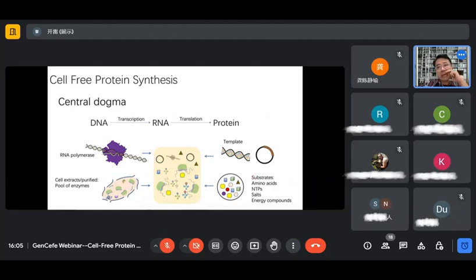Besides that, there is also a small-molecule part of substrates, including amino acids and nucleotides, and also buffer salts and energy components, which sustain the reactions so that they can continuously take place. And of course, the template of your gene of interest.